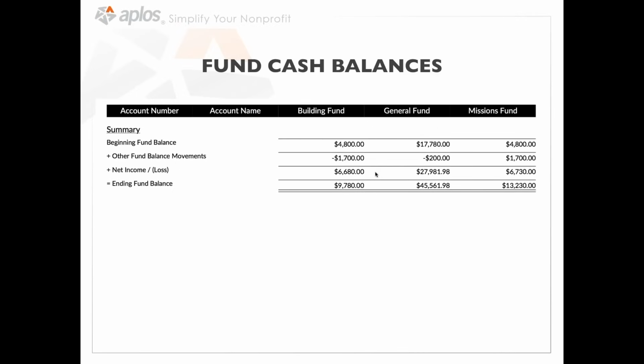Those other fund balance movements are going to show as a positive or negative line there, which, coupled with your net income or loss for that fund, leads you to your ending fund balance as of the end of the year. So those amounts there, 97.80, 45.5, and then 13,230, would correlate with my balance sheet to be the overall fund balance equity amounts for those particular funds.